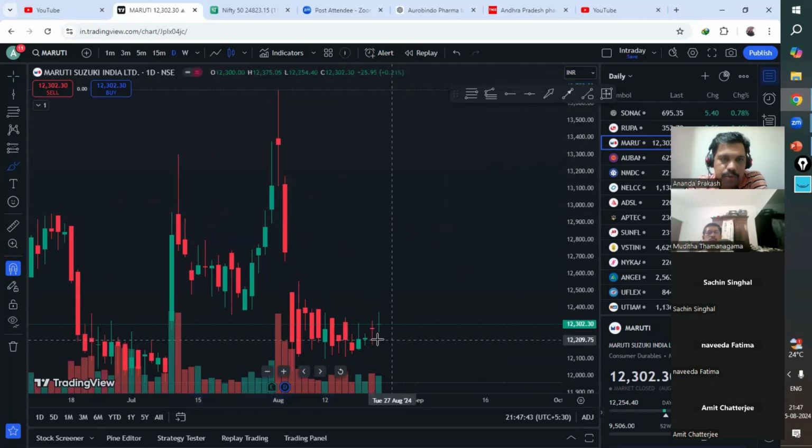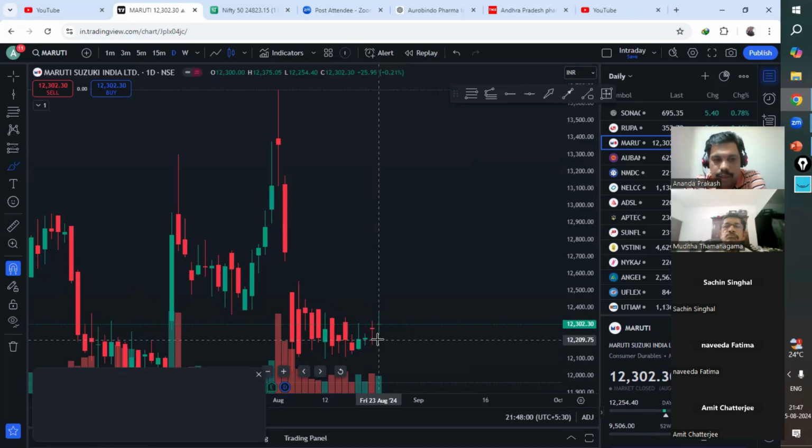When I move my mouse, it shows open, high, low, close. The market opened at 12,300. High is 12,375. Low is 12,254. Close is 12,300.